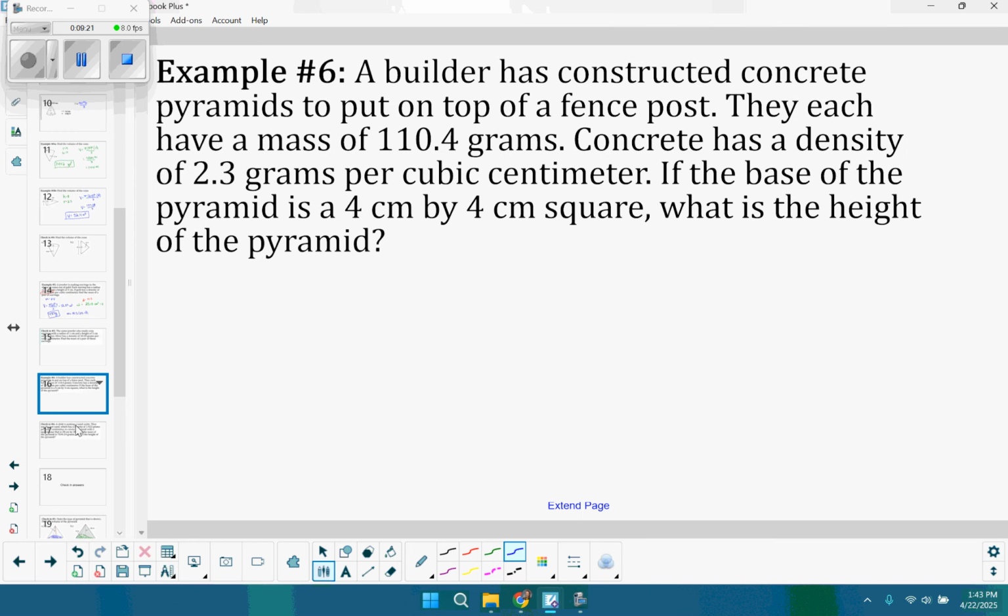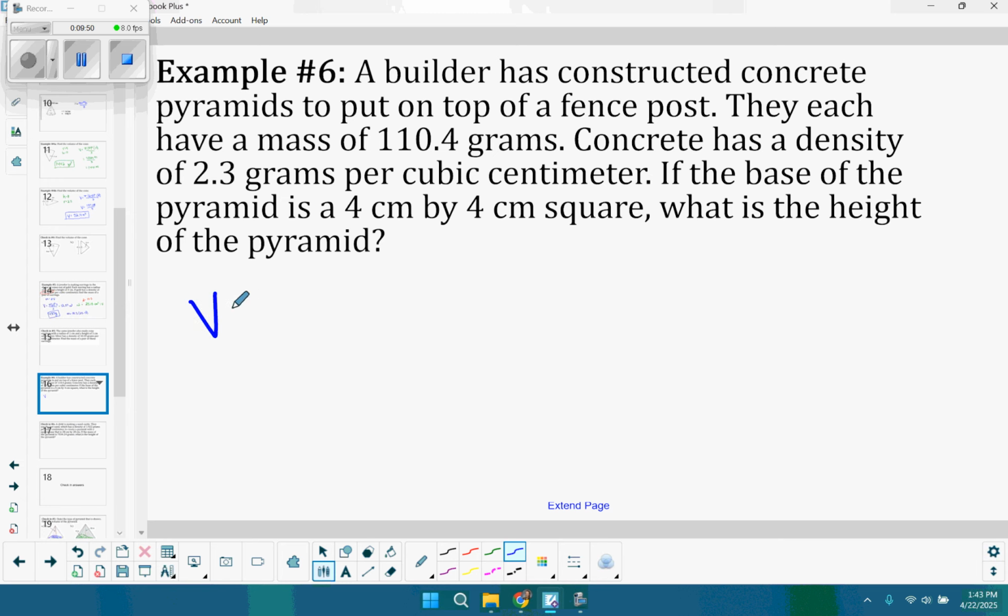Example 6, a builder has constructed concrete pyramids to put on top of a fence post. They each have a mass of 110.4 grams. Concrete has a density of 2.3 grams per cubic centimeter. If the base of the pyramid is a 4 centimeter by 4 centimeter square, what is the height of the pyramid? So we are given mass and we are given density. So the only thing we didn't know there was the volume.